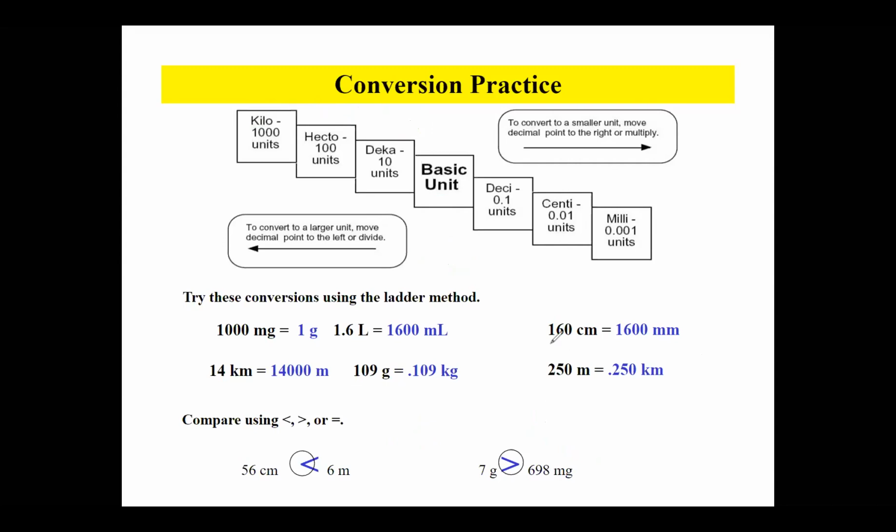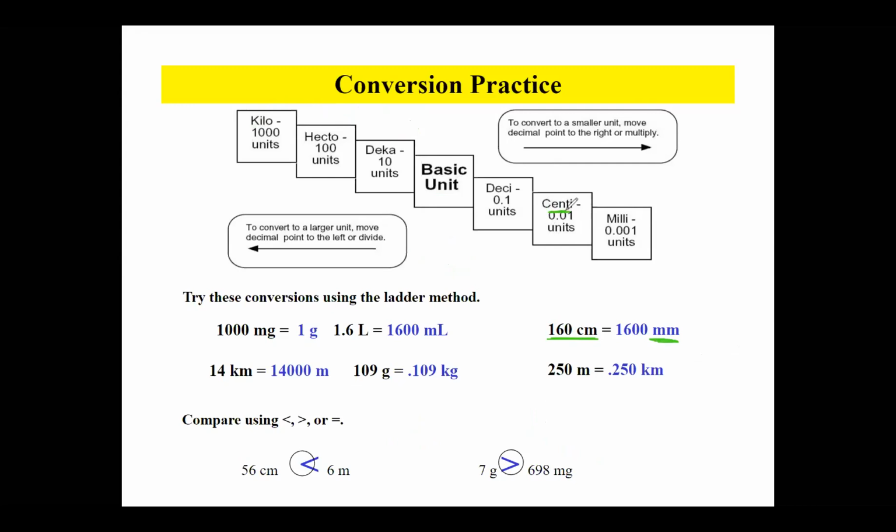Here's a good one that is kind of similar. What if we want to go between 2 units that are not our base units? Say we have 160 centimeters, and we want to see how many millimeters that gives us.